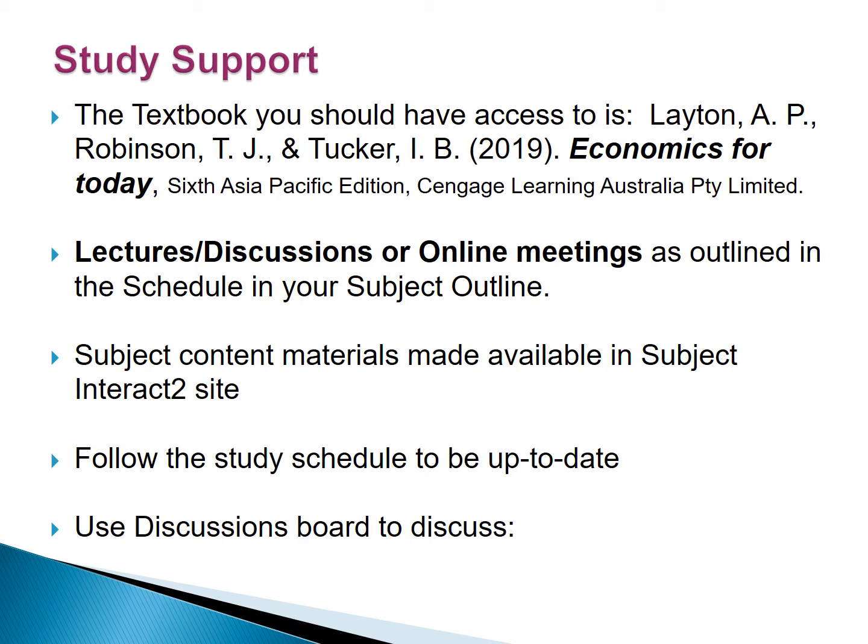And the second support option is referring to the lectures or discussions or online meetings by your lecturer as outlined in the schedule of your subject outline. The third source is the content materials presented in ECO130 Subject Interact 2 site. To access them, please click on the Topics tab and read the content presented under each of the 10 topics.